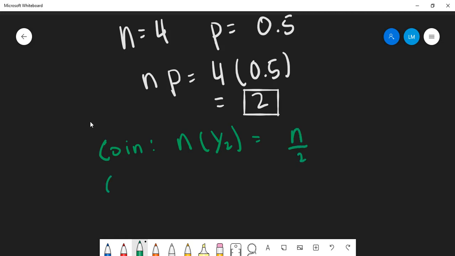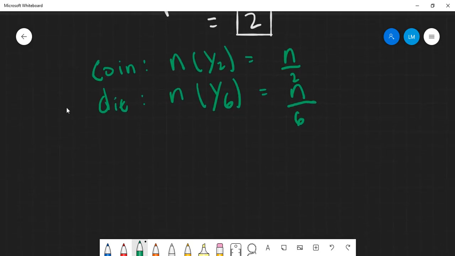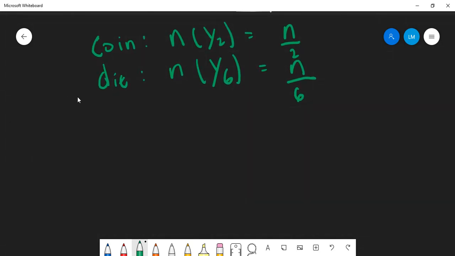And then for the die, it's going to be n times 1/6, or just n over 6. I only put it like that so that you get an idea. If I knew what n was, then I would just plug it in.